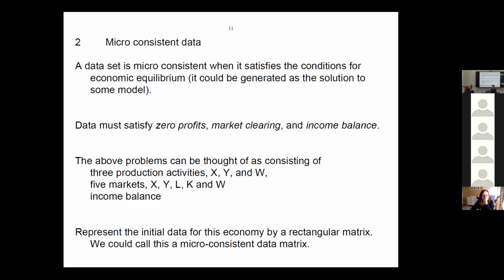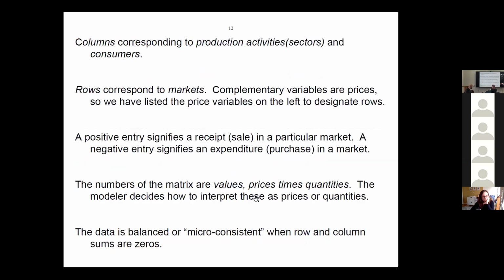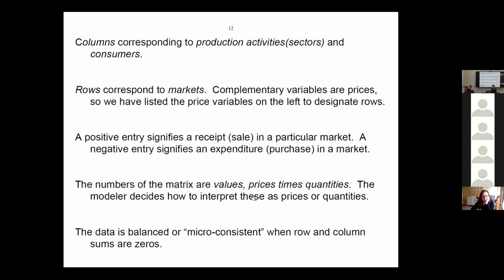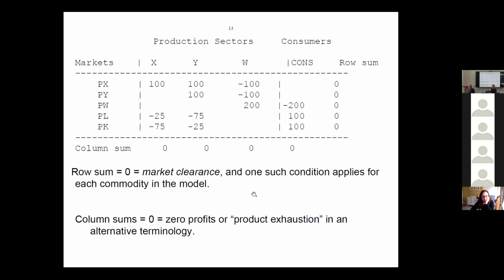So one way of representing this data, which is not really how an input-output table looks exactly, but I think it's useful for creating a model, is to make up a little matrix, which you could call a micro-consistent data matrix or something. In the one I've made up, the columns correspond to production activities and consumers. So it's going to look something like this.